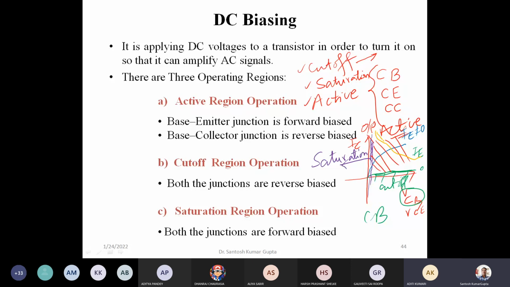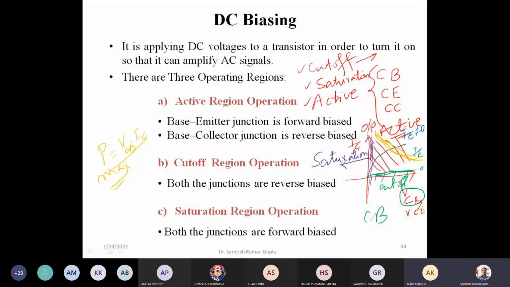VCB or VC is kept smaller, so that the power dissipation, which is the output voltage V and output current I, does not exceed the maximum. We are not putting suffixes here; it could be VCB and IC, or VC into IC. So there is a maximum rating of this, which should not be exceeded.